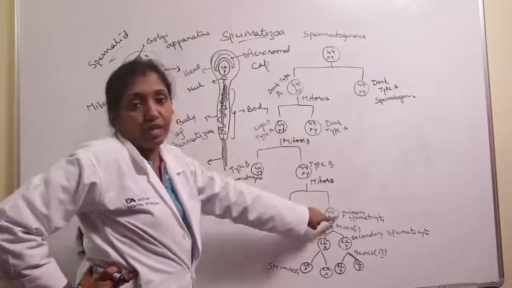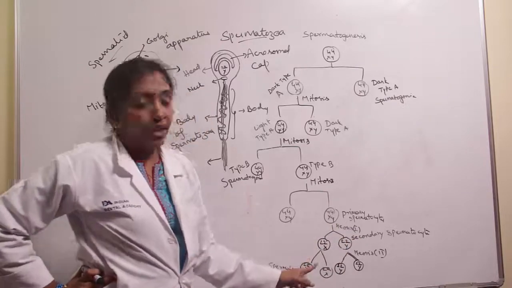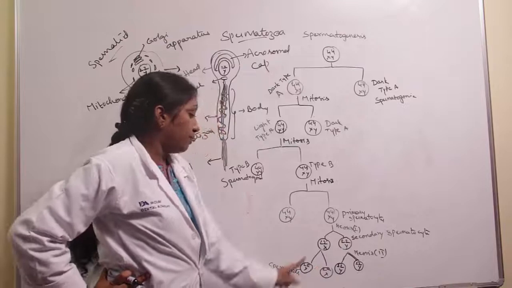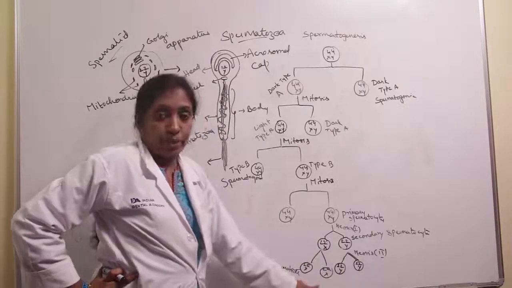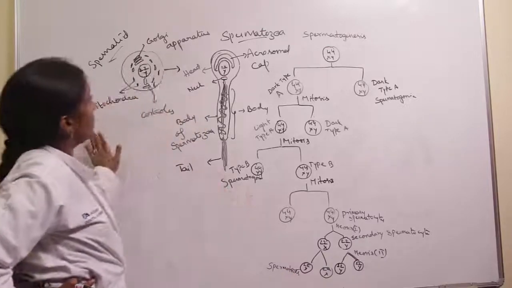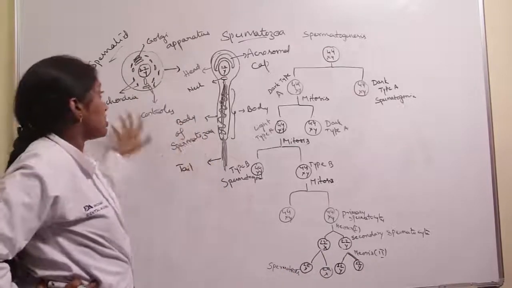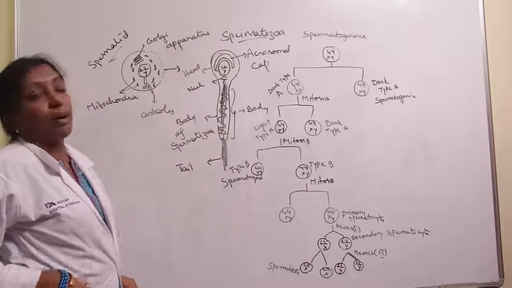The primary spermatocytes divide into secondary spermatocytes by undergoing meiosis 1, and these secondary spermatocytes undergo meiosis 2 and form spermatids. The conversion of spermatids to mature spermatozoa, we call spermiogenesis. So that's about spermatogenesis.